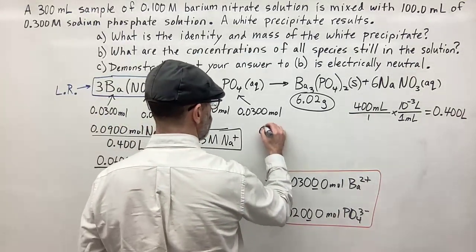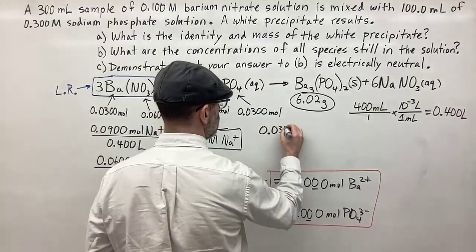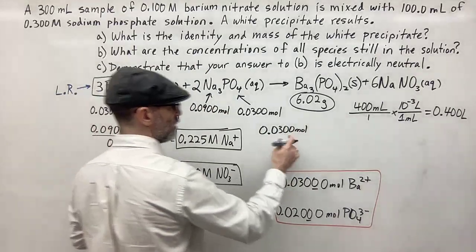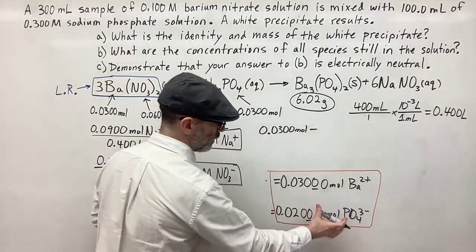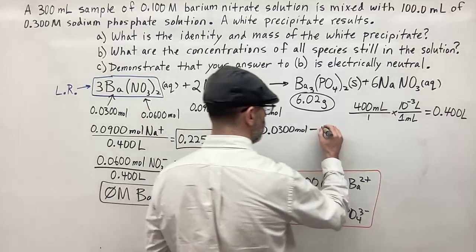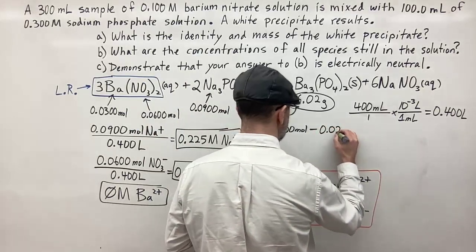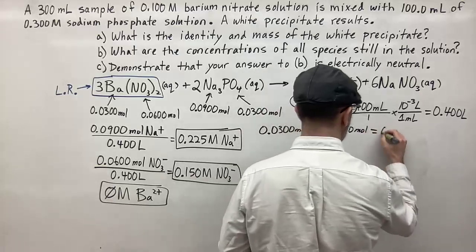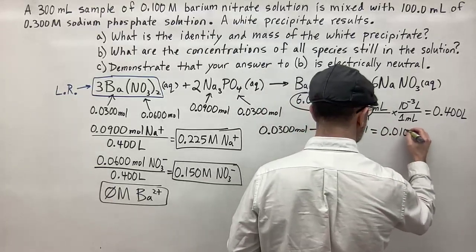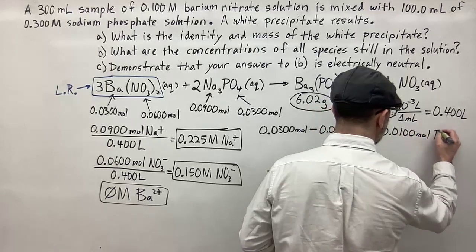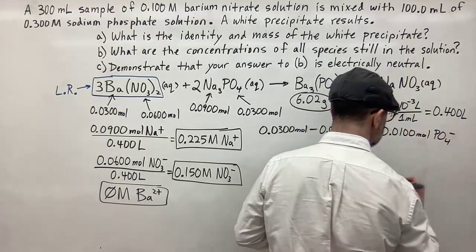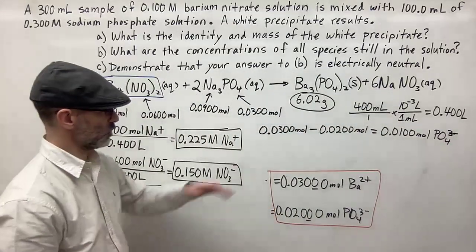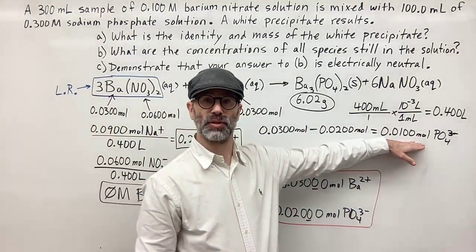So if we take 0.0300 moles of our original phosphate in solution, subtract the amount that went into the precipitate, 0.0200 moles, and then we get what's left over, 0.0100 moles of the phosphate that was originally in solution.